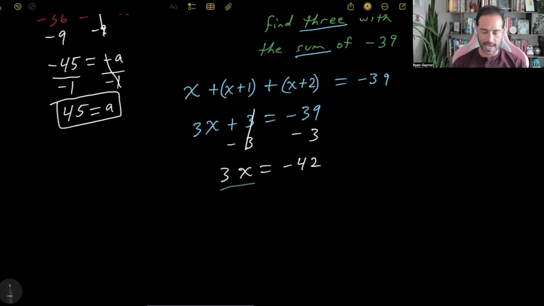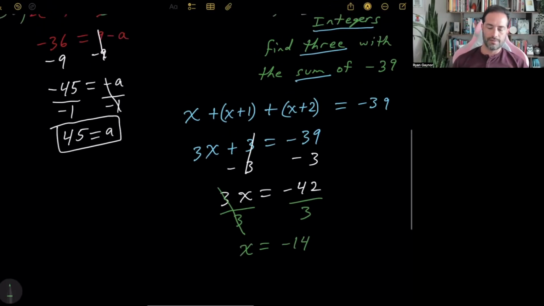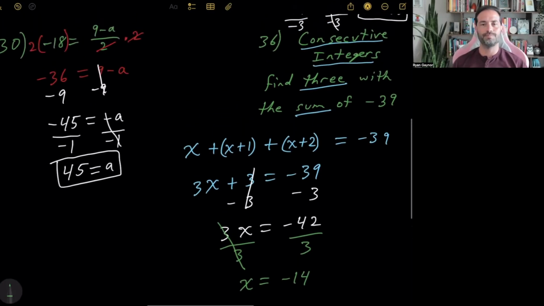The opposite of that is dividing by 3. Dividing by 3 cancels out. X equals negative 42 divided by 3. A negative divided by a positive is a negative. Negative 14.